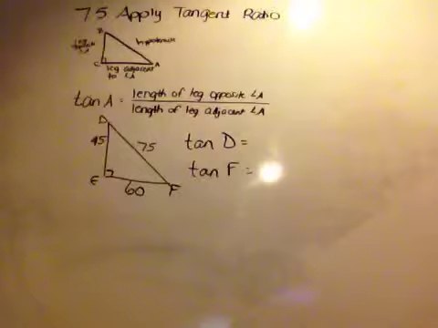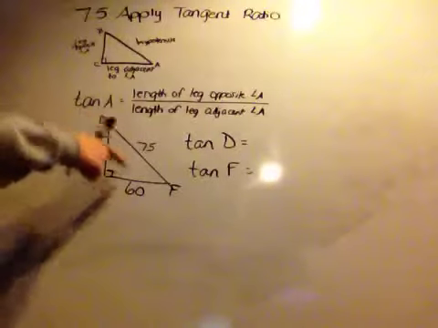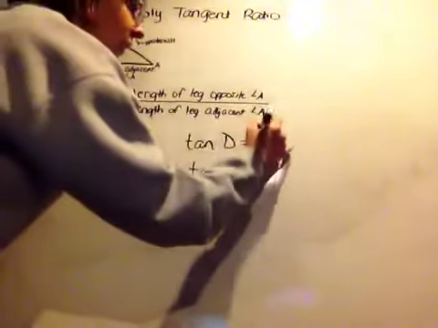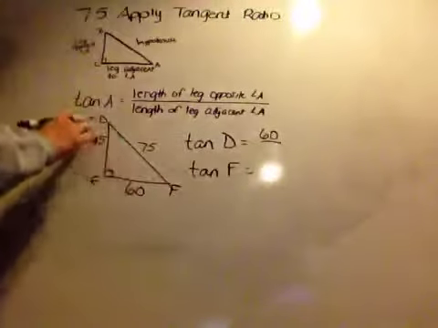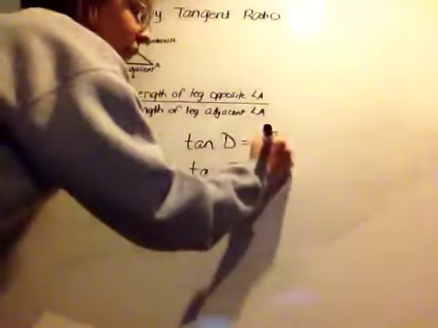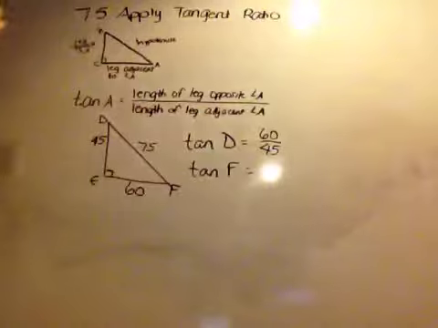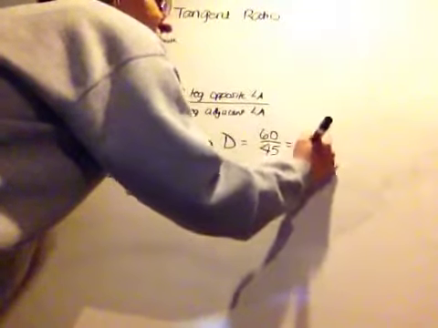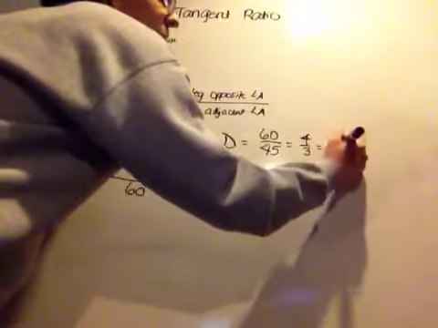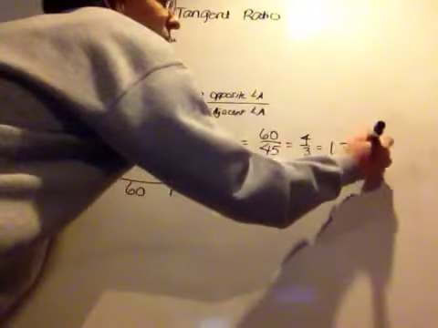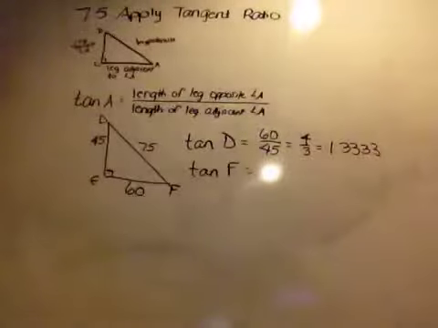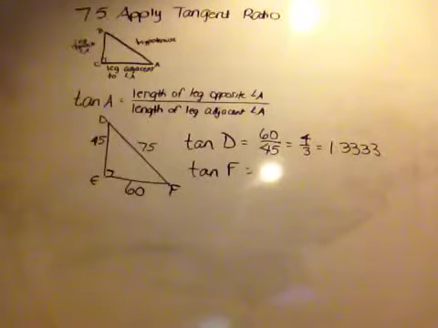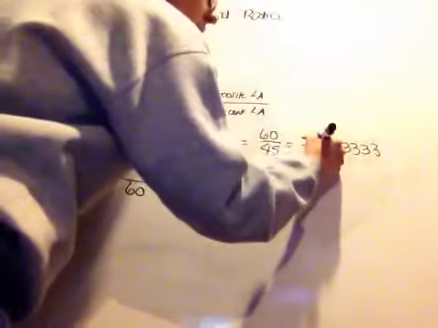So the tangent of D, we're going to do our opposite leg, which is 60, over our adjacent leg, which is 45. We're going to write that in simplest form. We can divide both by 15 to get 4 over 3. And as a decimal to 4 places, we're going to say 1.3333 because it continues repeating. So it's approximately, we could actually say approximately equals there.